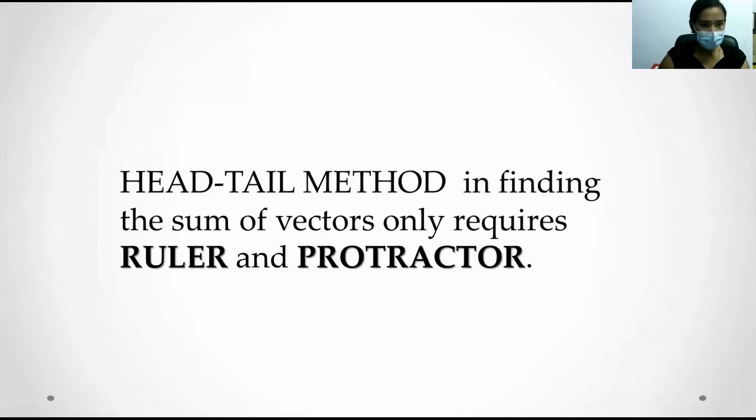Again, head-tail method in finding the sum of vectors only requires ruler and protractor. We will not employ any mathematical procedures or even use your calculators to determine our resultant vector.